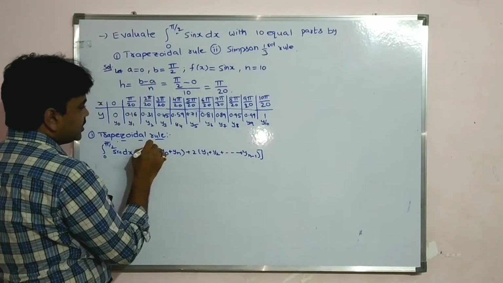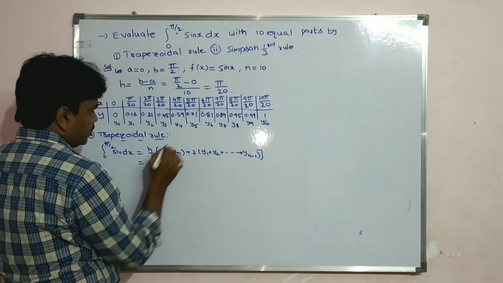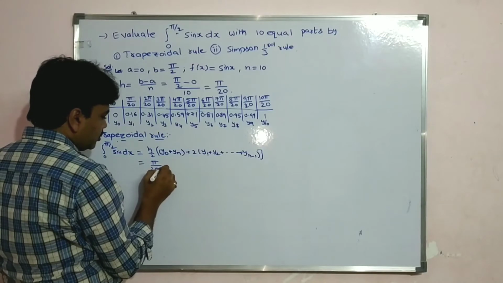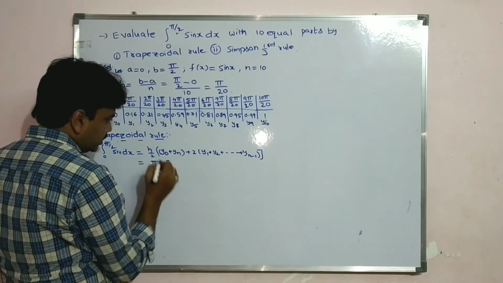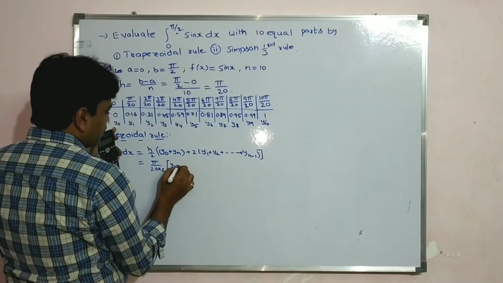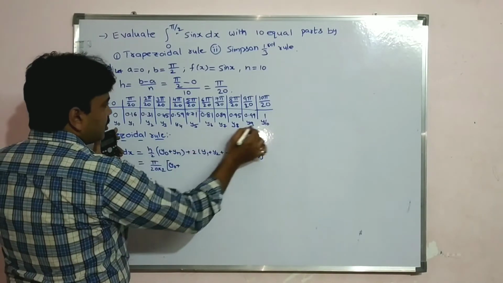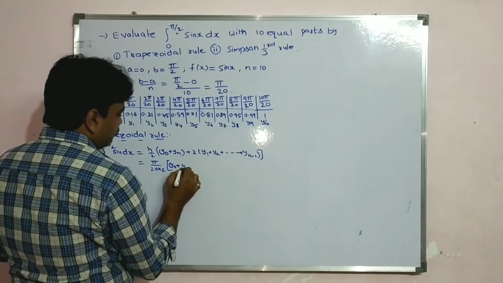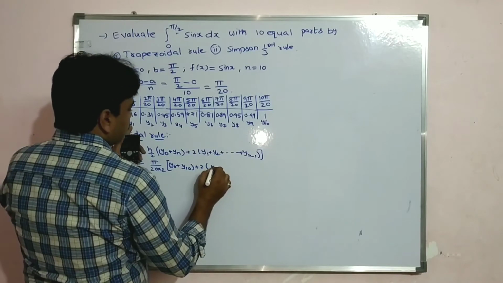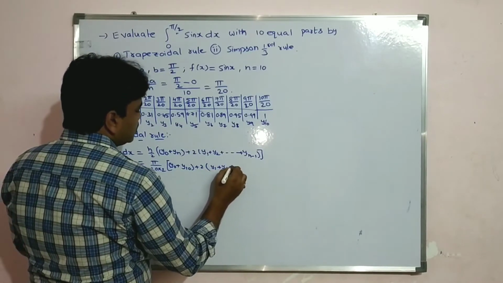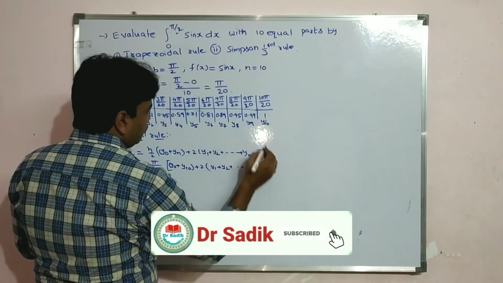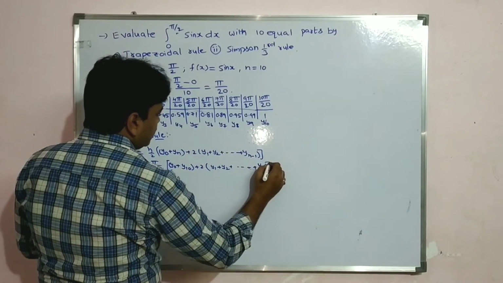So what is h, students? Here h is pi by 20. So pi by 20 into 2, that is 40. Now I want to write the formula again: y0 plus the final value y10 plus 2 into the rest of the terms, y1 plus y2 plus and so on up to y9, bracket close.